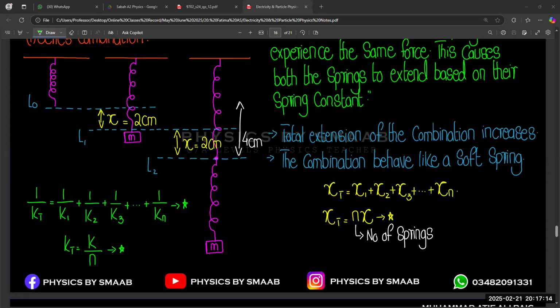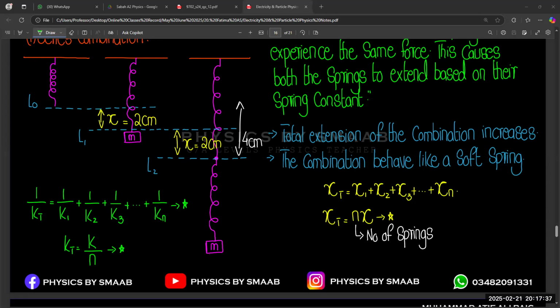So if we have four springs, so the constant of the spring decreases by 4 factor, because extension is increasing as we add more springs in the combination. So the value of k decreases as we add more springs in the combination, right? So both are opposite to each other.